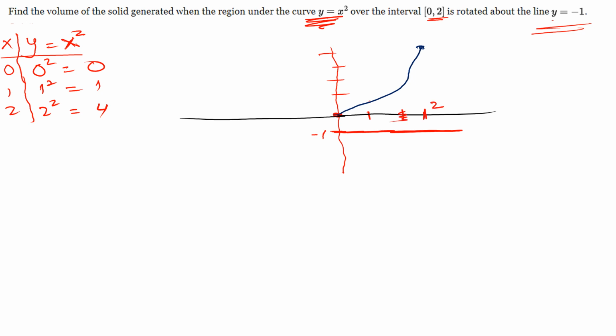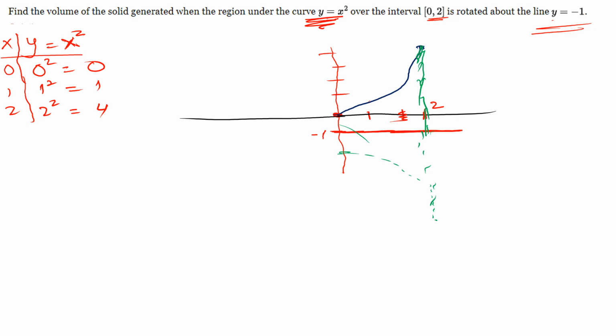So the graph will be rotated about this line, this red line. When you rotate, let me just sketch this. When you rotate that graph, you will get a kind of graph like that.